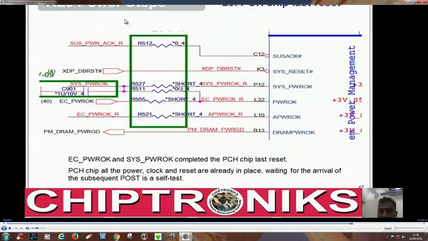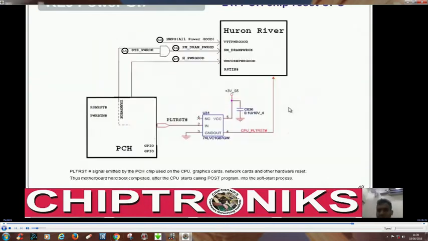This plus 0.75 volt is the termination voltage, and you can see here in this diagram EC power okay is fed to the power okay of the PCH also, right? And sys power okay is fed to the sys power okay of PCH also.